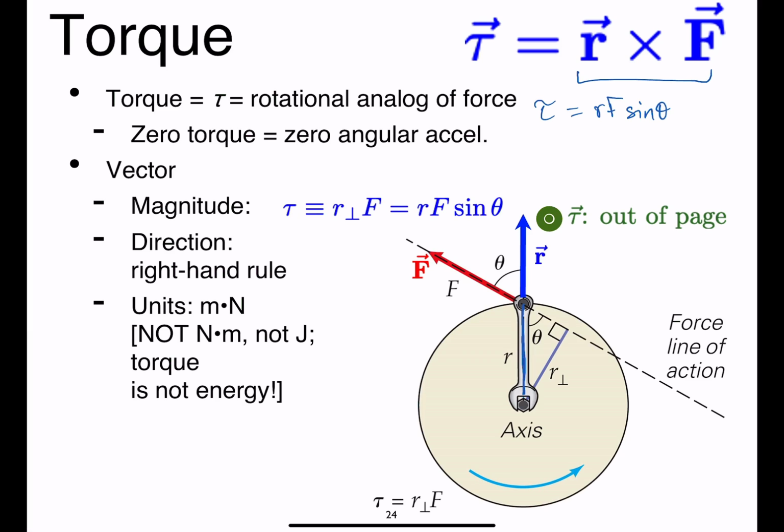If you extend this, theta is the angle between force and r. So you can increase the rotation by increasing f or increasing r. And it depends on the angle. Torque is maximum when theta equals 90 degrees, because it's perpendicular. Sine of 90 is 1.